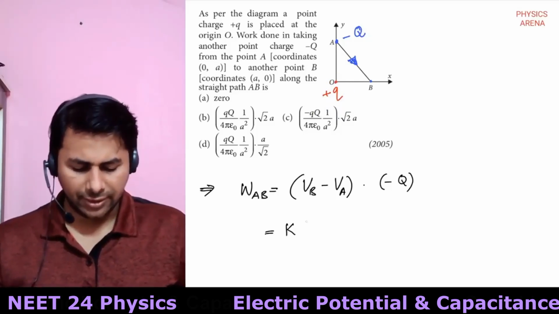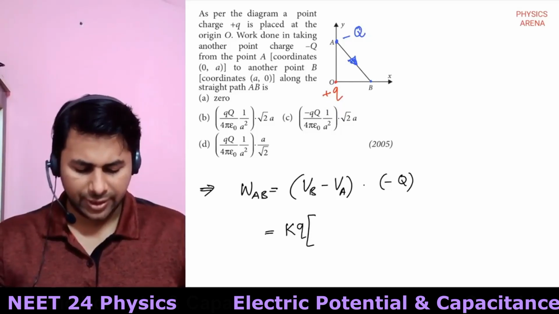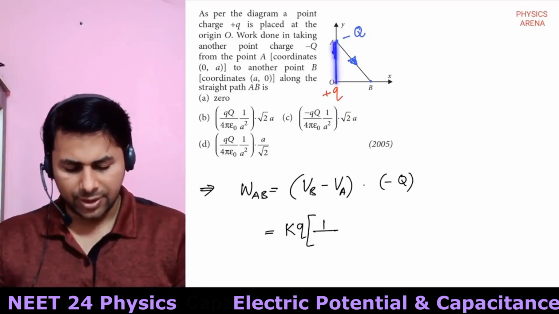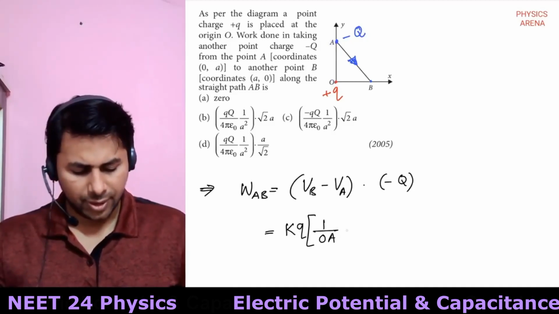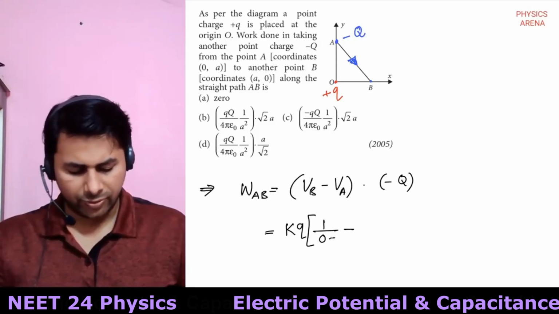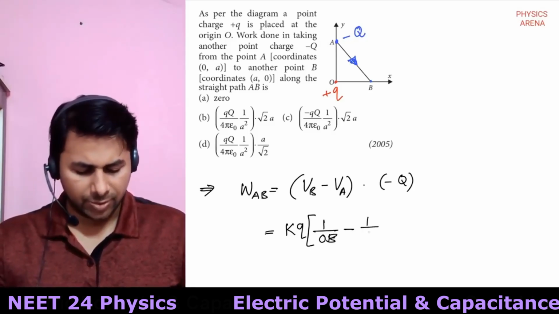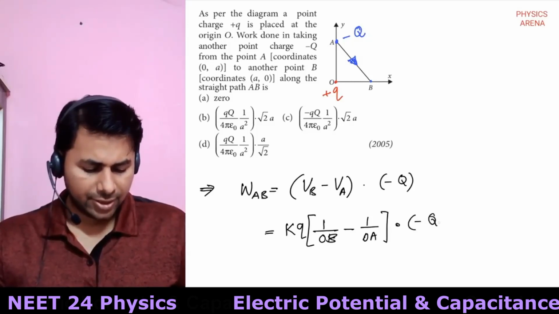You can take k outside. K and q also we can move outside, right? 1 upon this distance, OA, minus, sorry, it was B first, right? So 1 upon OB minus 1 upon OA, times minus q.